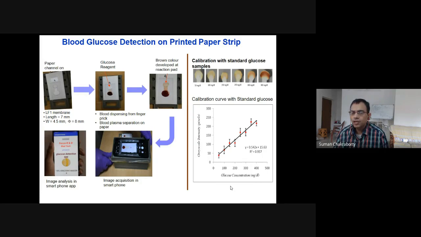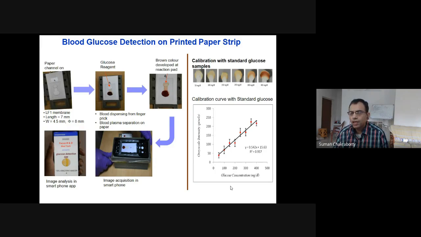The plasma glucose is the clinically relevant parameter for medical intervention, but the challenge is that if you want to do it in a microfluidic strip, you have to first separate the plasma from the whole blood and then do the analysis.